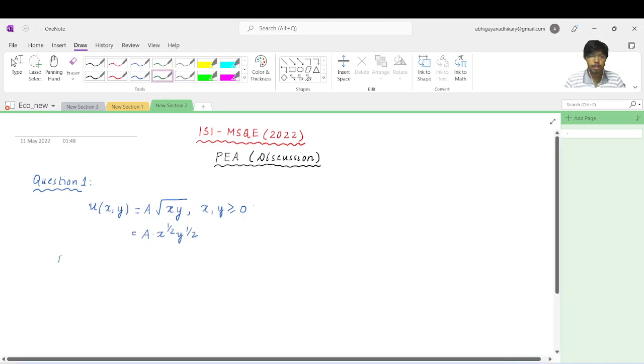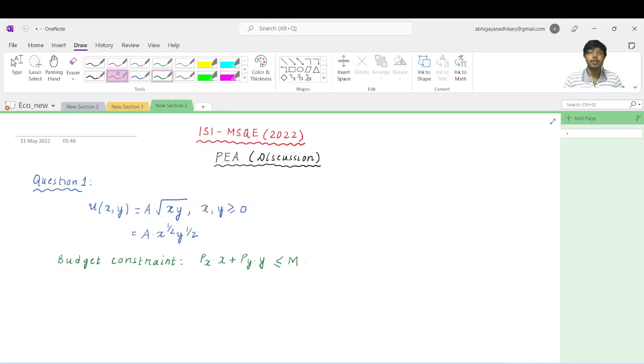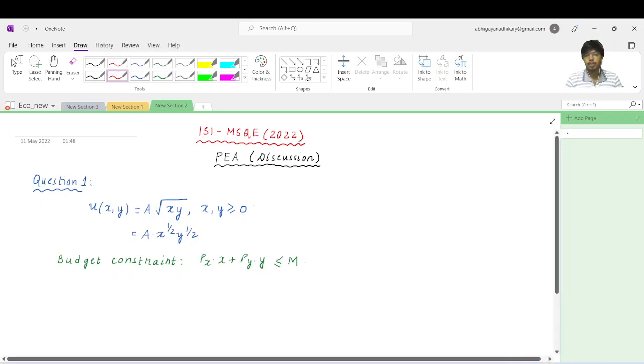And what is my budget constraint that is given? Px into x plus py into y is less than equals to m. So this is the budget constraint given to us with inequality.